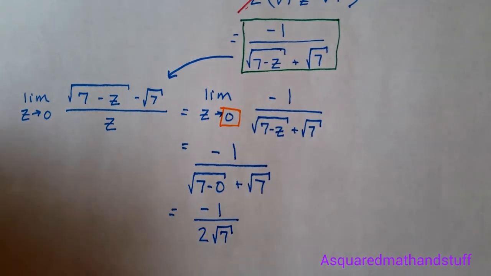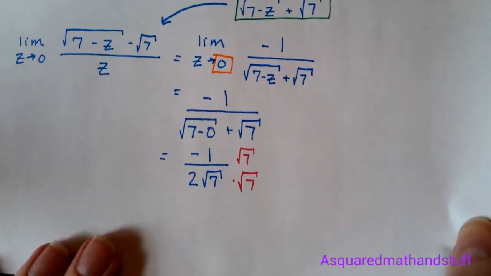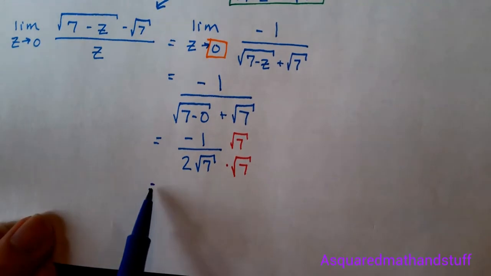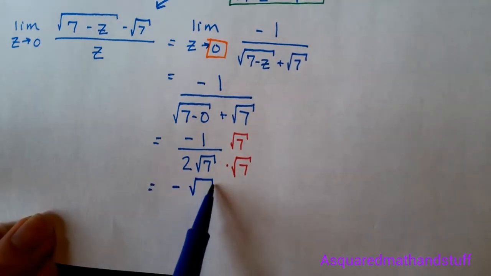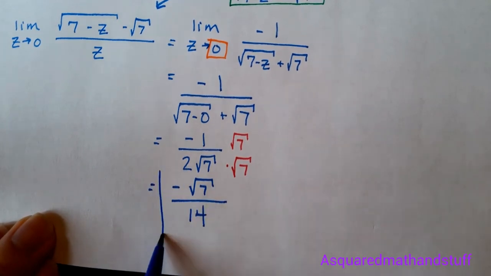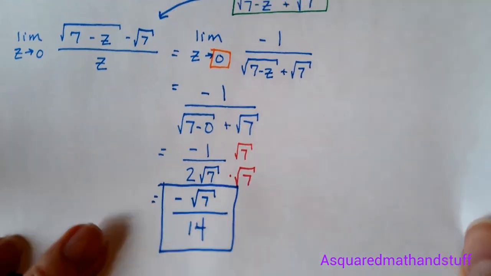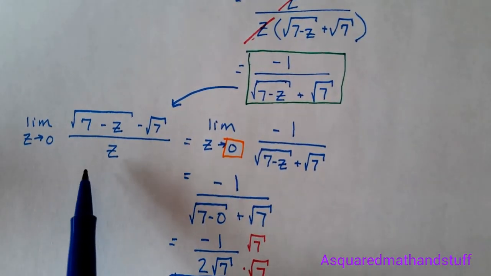Still can't have root signs in the denominator, so now we have to rationalize again to get rid of that root 7. Doing that, we end up with a final answer of negative square root of 7 all divided by 14. So that is our limit of this original equation.